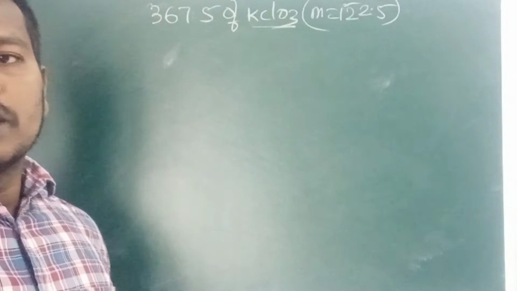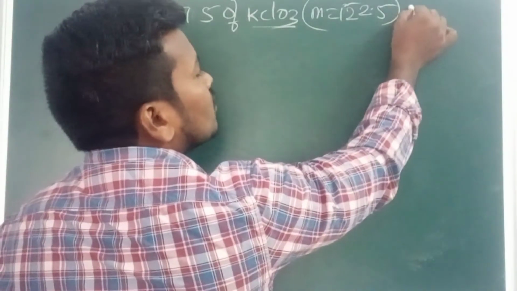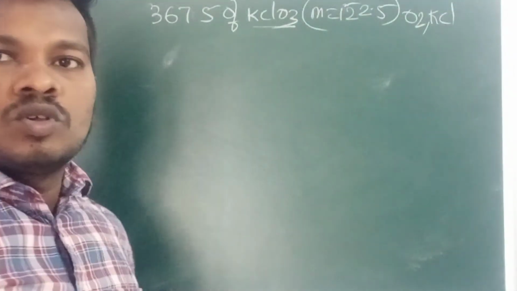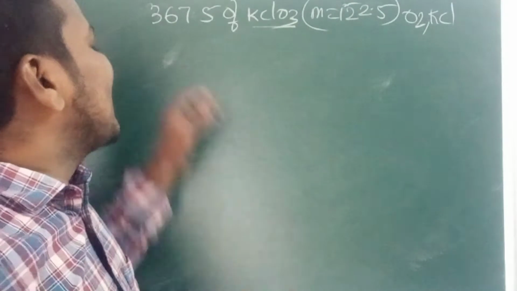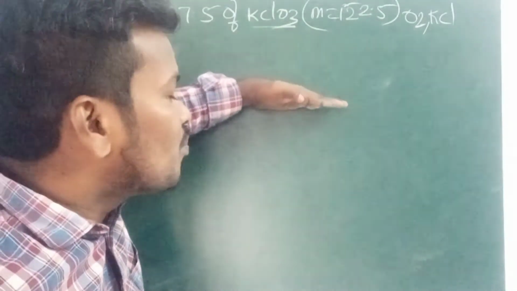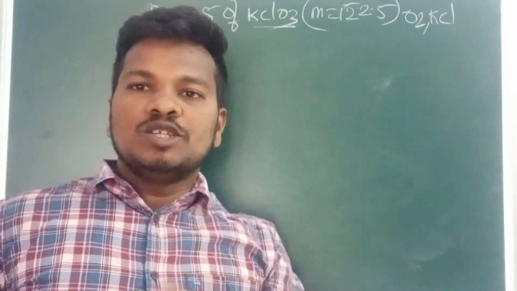KClO3, no need to calculate it, already they have given. So they are asking how many grams of O2 and how many grams of KCl are produced. On decomposition, it is giving O2 and KCl.